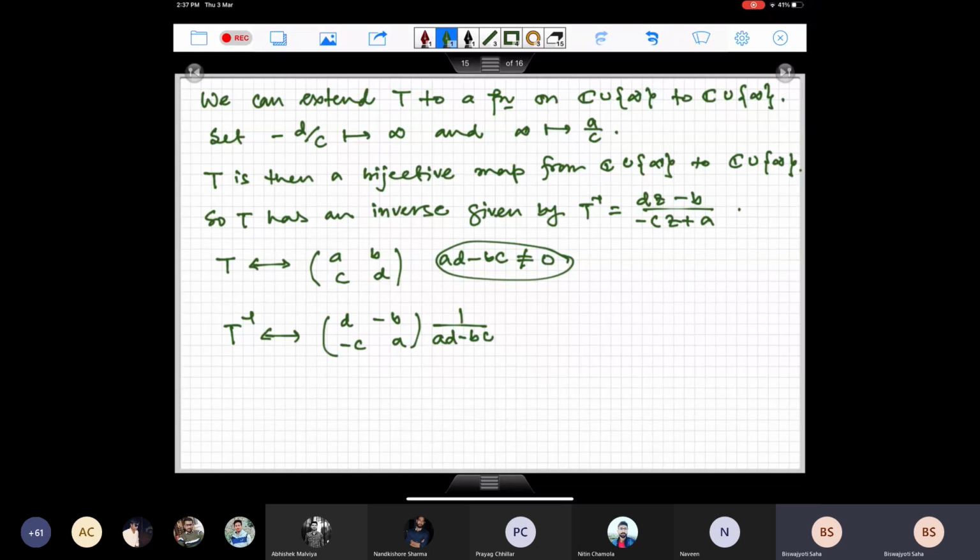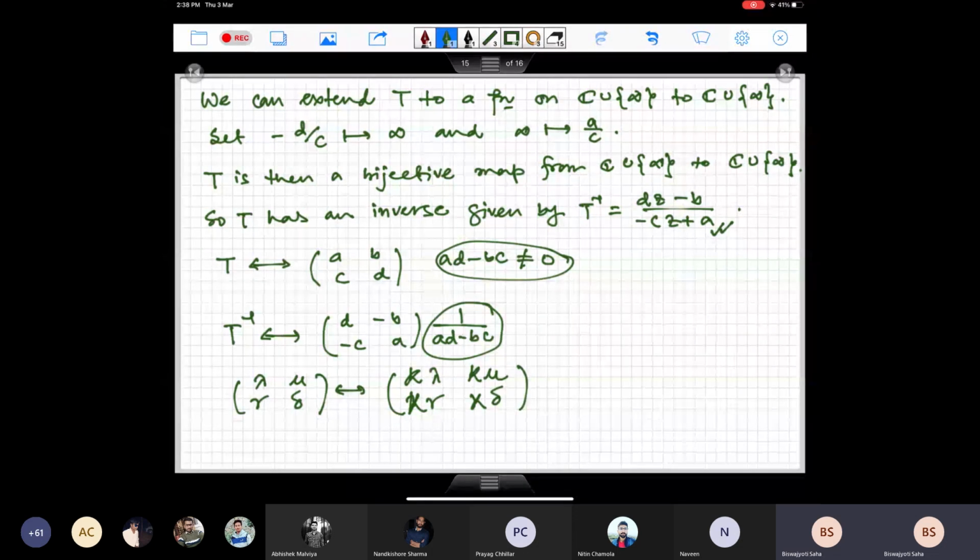So you know, if mathematics is beautiful, then if T is corresponding to this matrix A, B, C, D, then T inverse naturally should somehow correspond to D, minus B, minus C, A. Okay, and you see that is precisely what I got over here, and of course I have an extra scalar multiplied out, but you can see that if I have a matrix lambda, mu, gamma, delta, so this matrix gives rise to a Mobius transformation, then the same Mobius transformation will also be given by kappa lambda, kappa mu, kappa gamma, kappa delta, right?